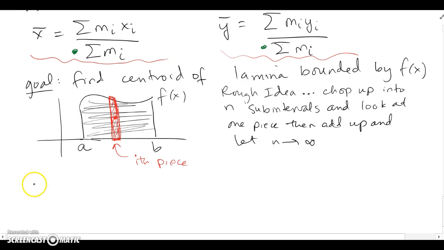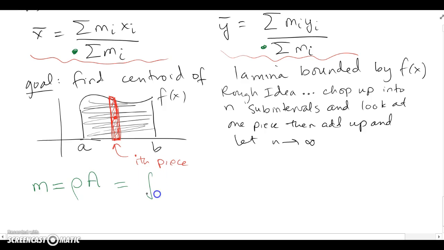If I'm thinking of the mass of the whole system, remember this is a plate with uniform density, so mass will be basically rho A. So what I need is the uniform density times the area of this chunk. Well, the area of the whole thing I already know is just the integral from a to b of f of x, because that's the area under the curve, and the area under this curve creates my lamina.